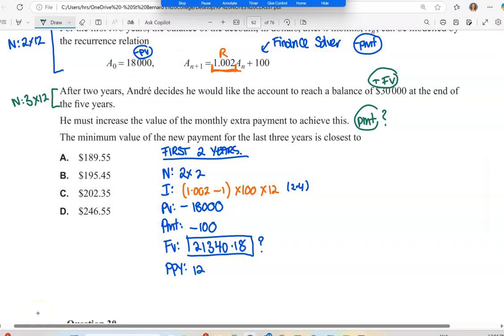Okay, so now we know where we're at at the end of the 2 years, but we want to know something about the last 3 years. So now we're going to do the next 3 years, and we pretend that we're starting again. That's what you do with all of these. So you pretend he's starting his investment again, and we pop in all the things we needed to know.